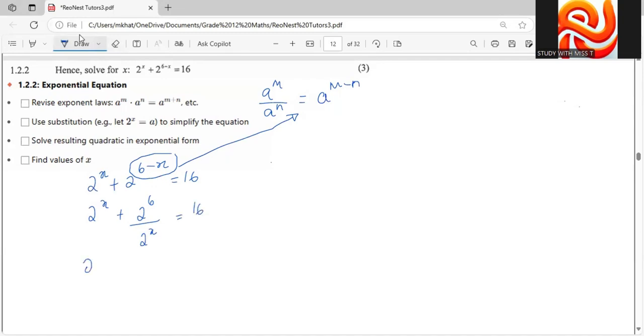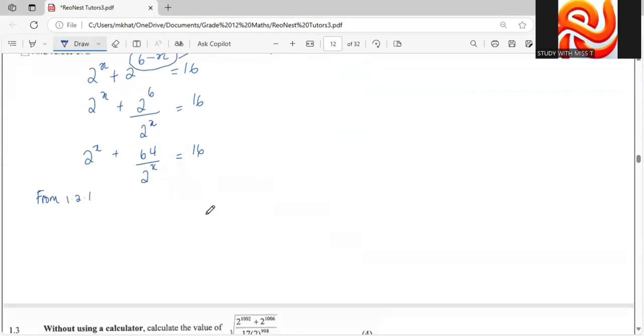I already know that 2 to the power 6 will give us 64. So now, referring back to the last question, we can see that this is in the same form as the last question, meaning that in replacement of a, they placed 2 to the power x. So now we're going to have 2 to the power x equal to 8.